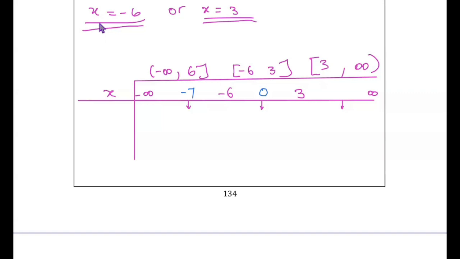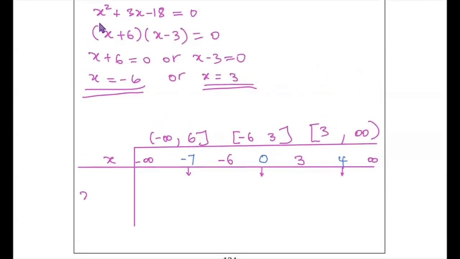And also, I can take a value from 3 to positive infinity. I take the closest integer to 3, which is 4. Now, for each value, when I plug them into the expression x squared plus 3x minus 18, I'll be able to find a number.